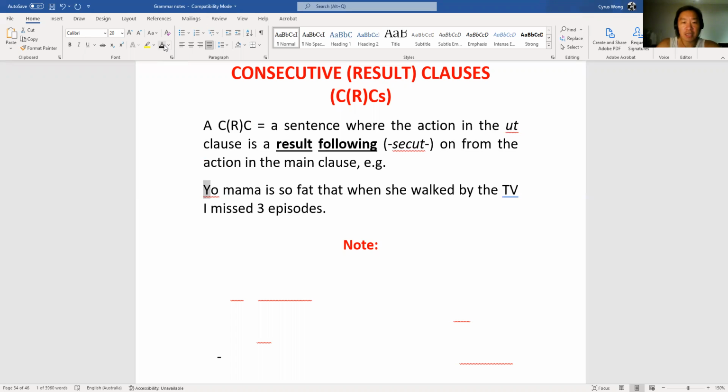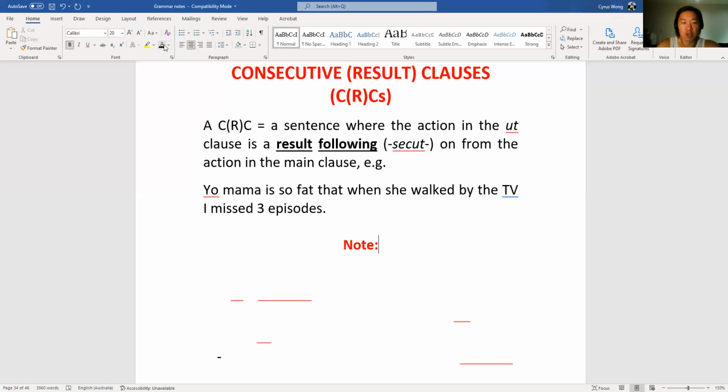Here is the main clause: your mama is so fat. And then here would be the ut, a subordinate clause. But what is the result following on from your mama being so fat? It is the fact that I missed 3 episodes on the TV. So this fact follows as a result of that fact.